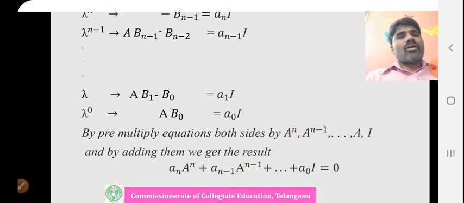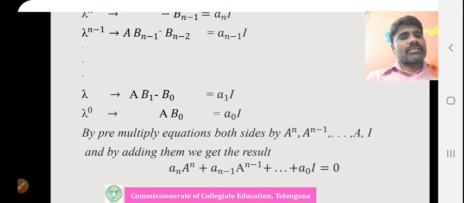Then all the left hand side terms will become 0, and the right hand side becomes a n A power n plus a n minus 1 A power n minus 1 plus and so on, plus a naught I is equal to 0. This proves the theorem, that is, every square matrix must satisfy its characteristic equation.